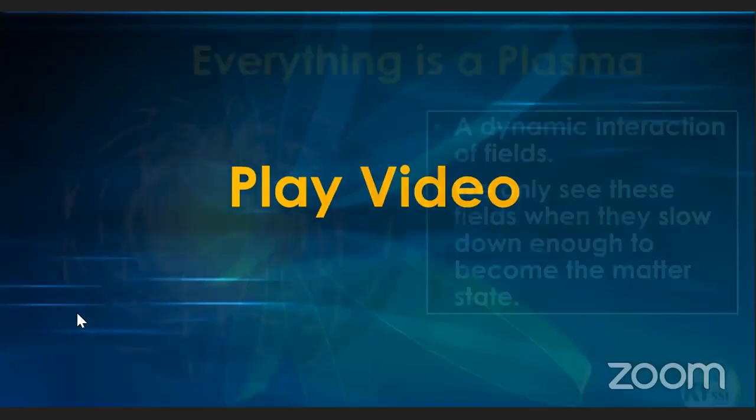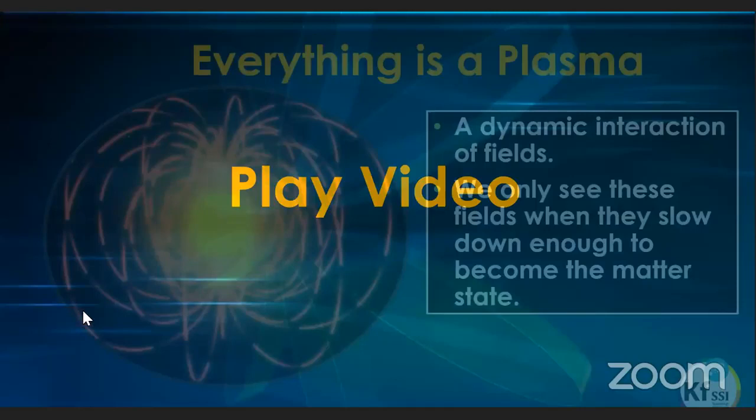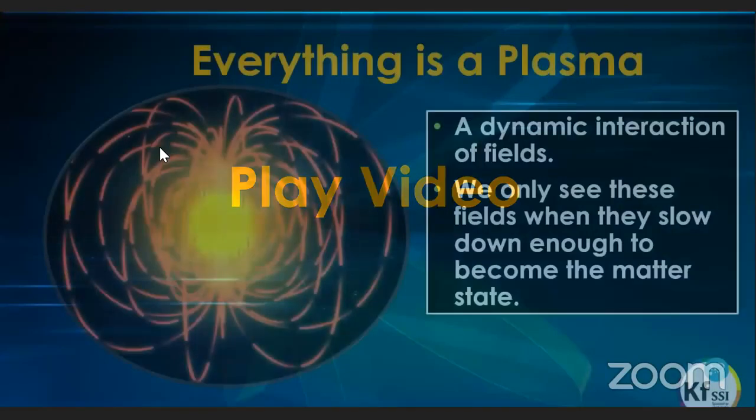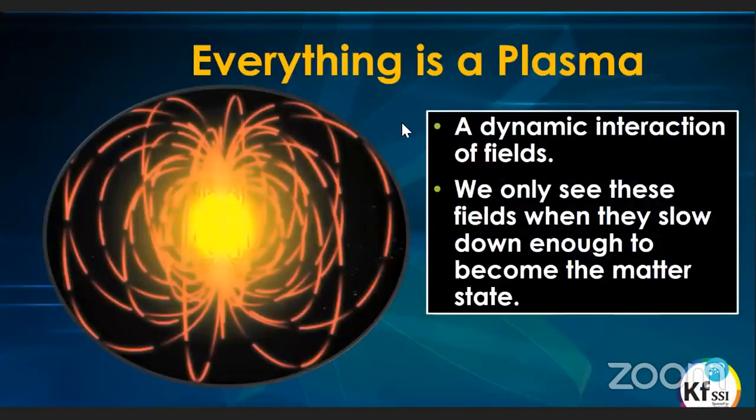Okay, so we then have to view that we see the dynamic interaction of these fields. So you've got the magnetic rays coming together, they find a match, and they start interacting with each other, creating that dynamic interaction of these fields. And this is what we call a plasma.